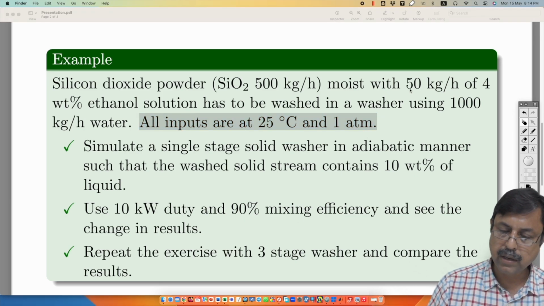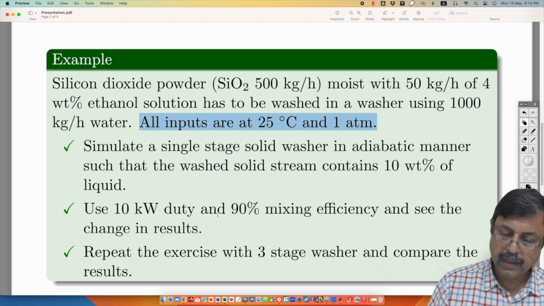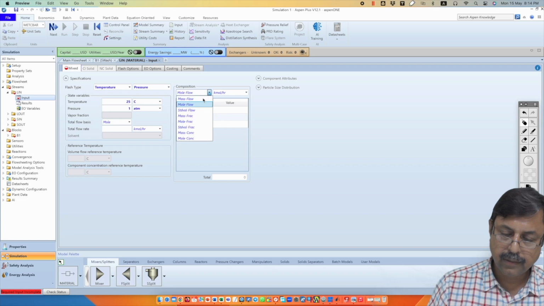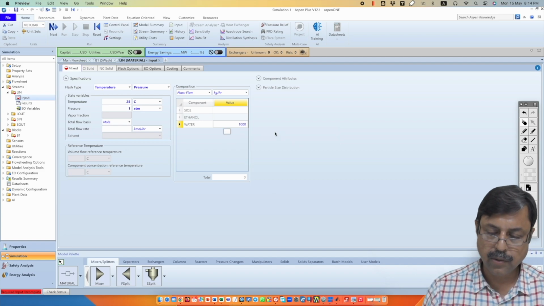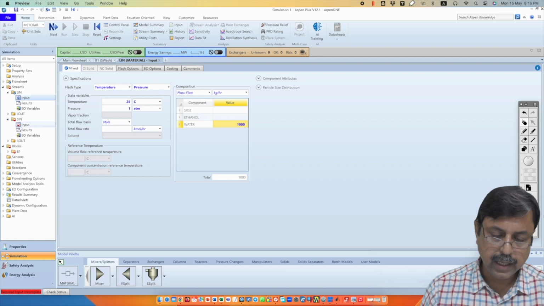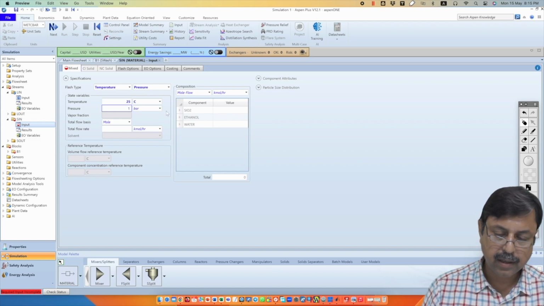So that's exactly what we are doing. So 25 degrees centigrade and 1 atmosphere pressure. And what is the liquid flow rate? The feed rate is 1000 kg per hour of water. So this is mass flow. Water is 1000 kg per hour. And then solid, again, here it is 25 and 1 atmosphere.